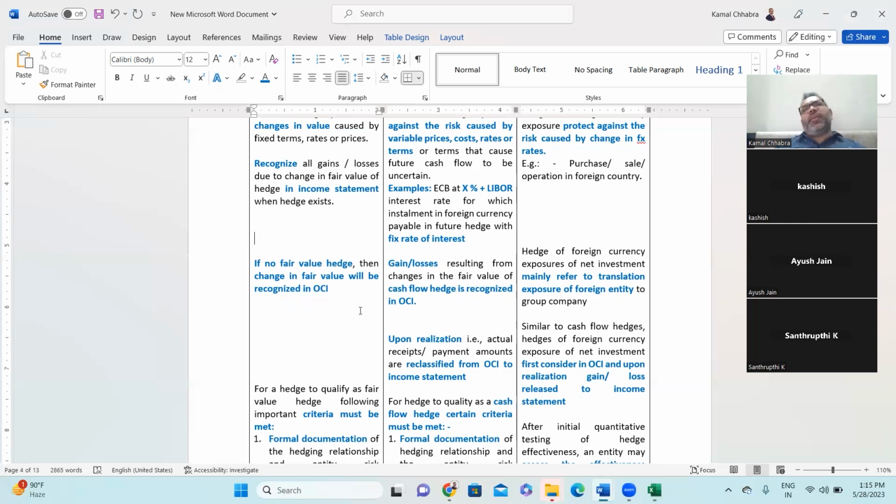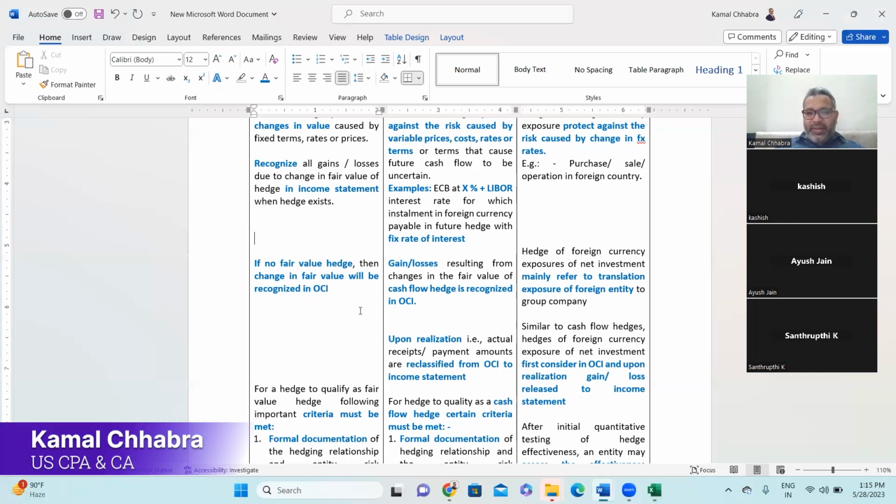Right? If there is a change in petroleum price and that has resulted in a change in cash flow, why should it hit my income statement? I'm not responsible for it, but the economic environment is responsible for it. Make sense? That was the logic of creating other comprehensive income.